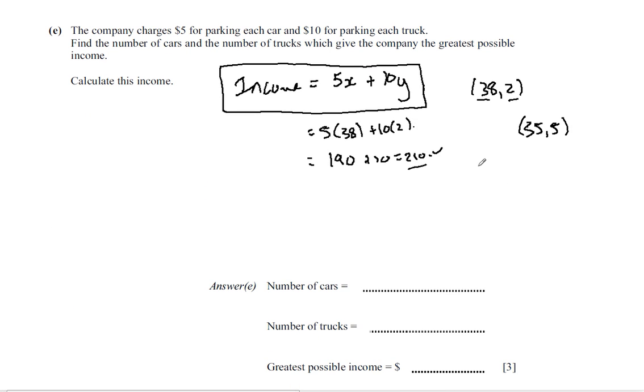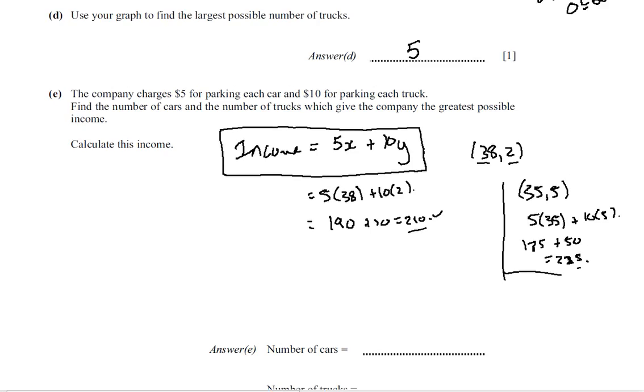Putting this in our equation: 5 times 35 plus 10 times 5. This is going to be 175, plus 50, which is equal to 225. So that is the second one.